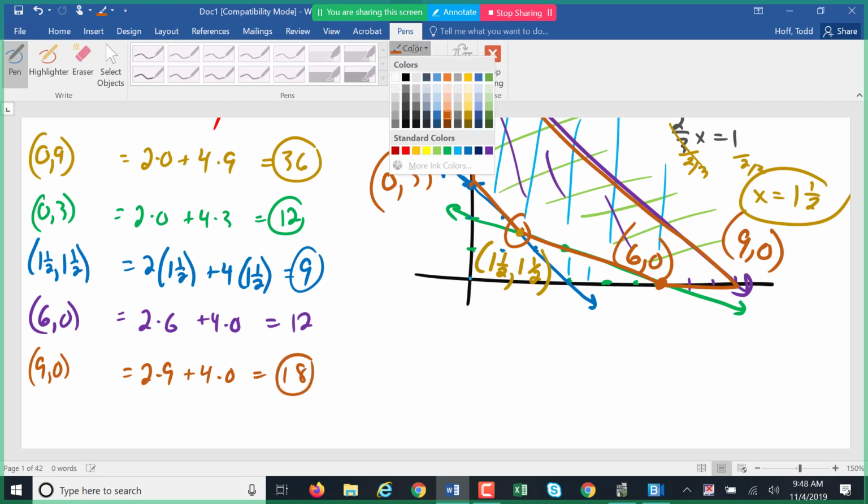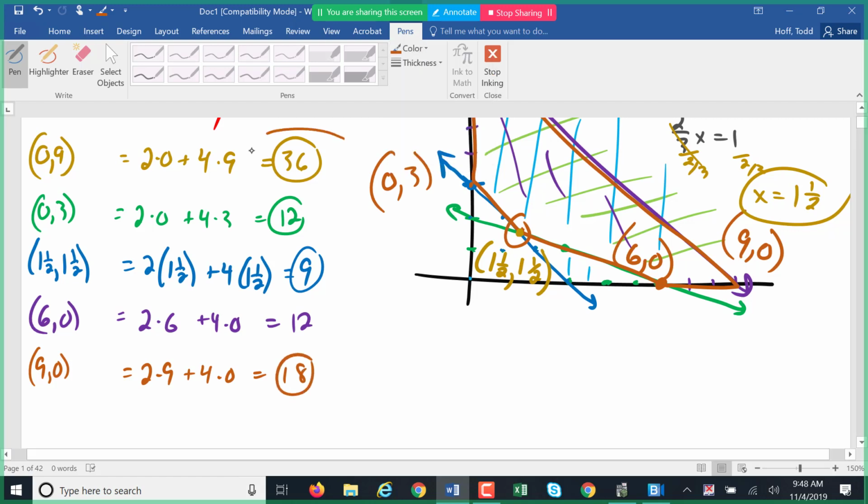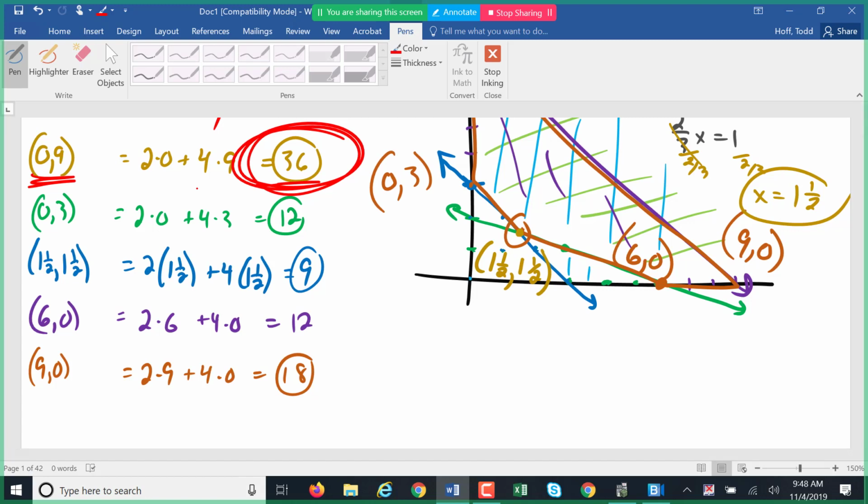So the point that maximizes that objective function is the point 0, 9, which gives us an objective value of 36. Any questions on that problem? Okay. Any questions off the homework from last week, Wednesday?